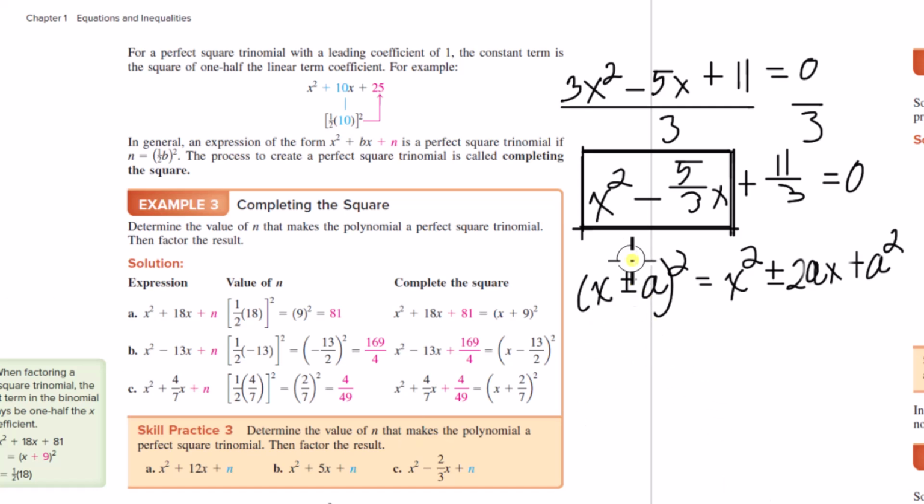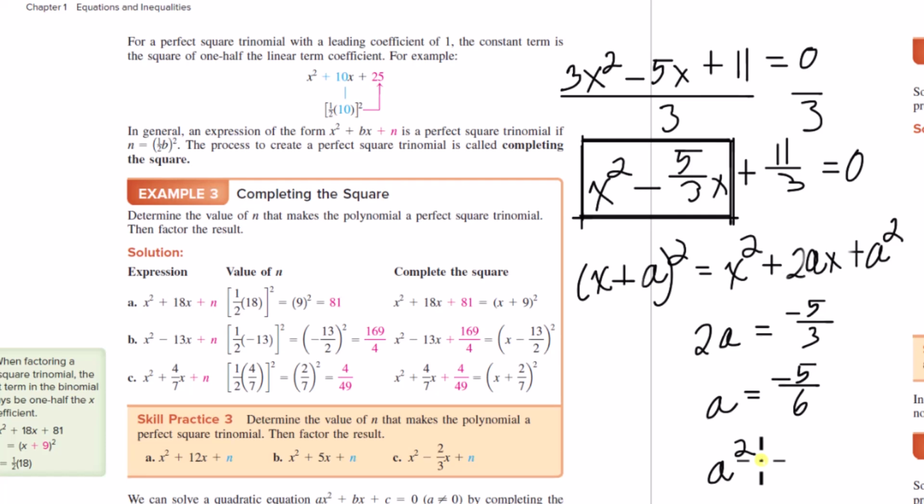For completing the square, if you just put a plus here, if you just write this out as plus, then that'll make it easier for all cases, because now we can see that 2a, we can match this up and see that 2a is equal to minus 5/3. Right? If we're matching this up. So we divide both sides by 2. We've got a is minus 5/6.